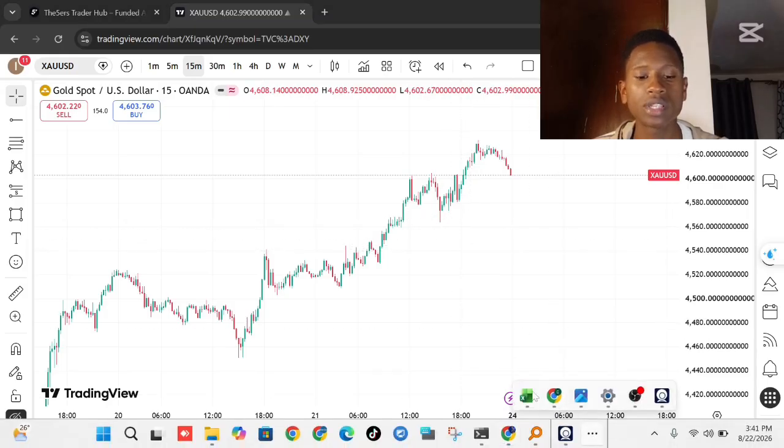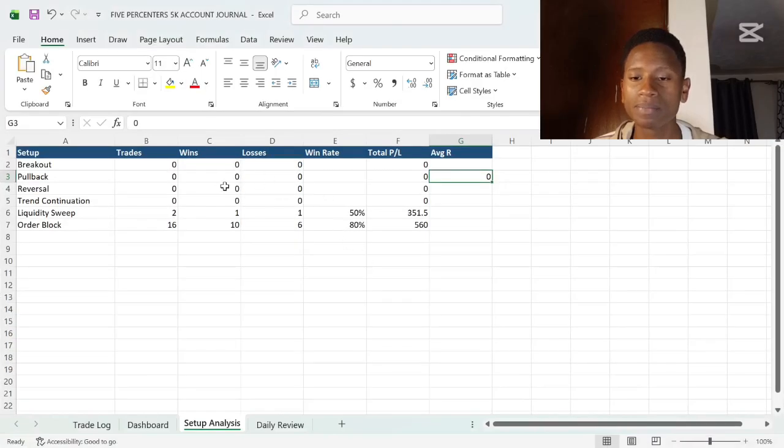Let me show you the stats briefly. So these are the various strategies that you can use: breakout strategy, pullback, reversal, trend continuation. In the program that I'm using right now, I haven't actually used these particular strategies.